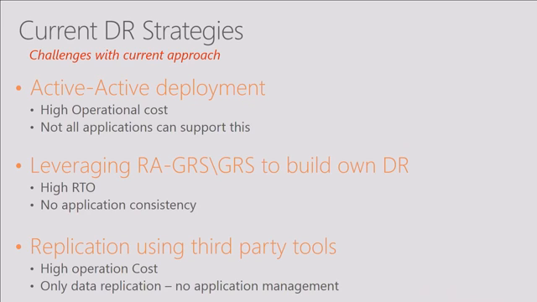Before we look into ASR and the demo of ASR, I would like to highlight what people are doing today for their DR strategies. Topmost, people think they can do active-active. Yes, great technology. If you have a requirement where you want to run out of 2 data centers, with customers from 2 data centers coming in, this is the right thing to do.